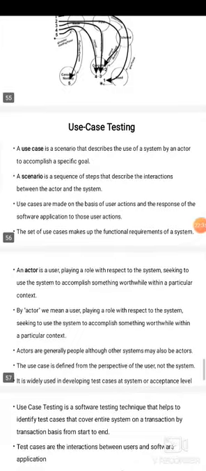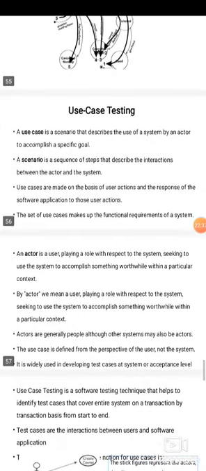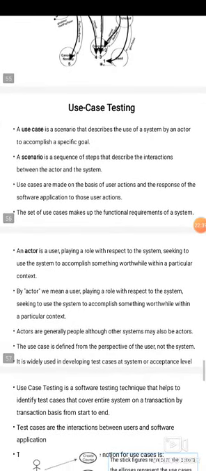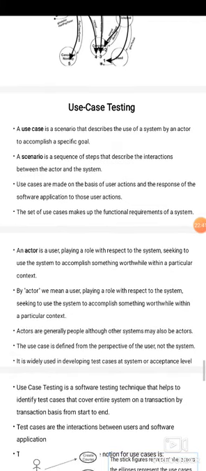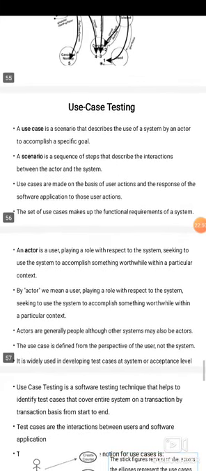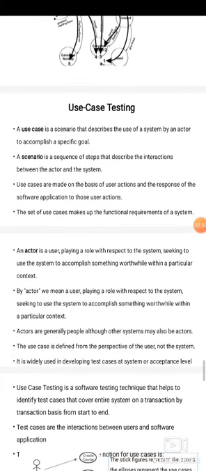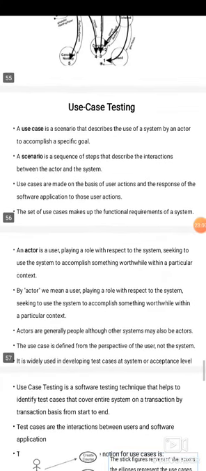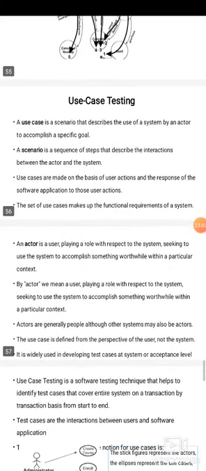Then we have the next type of testing, which was state transition testing. In state transition testing, we represent the states as well as the transitions in the form of a state transition diagram, and we prepare the test cases for every path in the state transition diagram. Okay, so that is all regarding state transition.